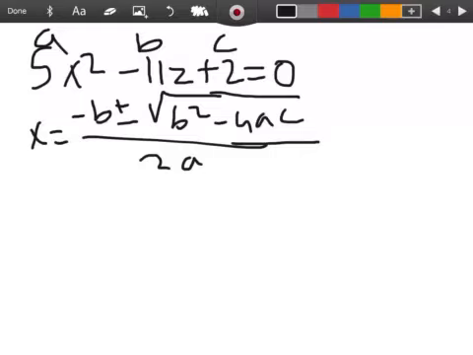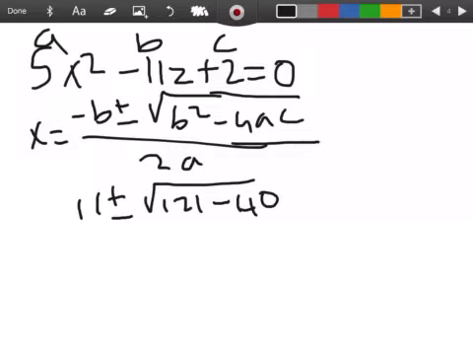So it's negative B, which equals negative 11, so that's 11 plus or minus the square root of 121 minus 4 times 10, which is 40, over 10.